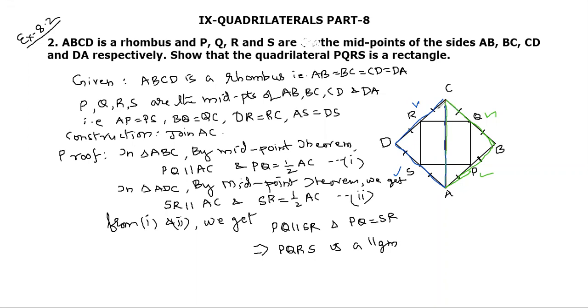For that, suppose this angle is angle 1, this is angle 2, this is angle 3, and this is angle 4, and this is angle 5.